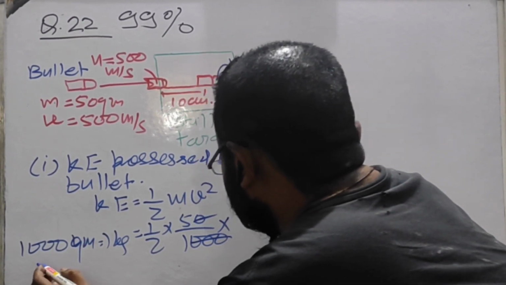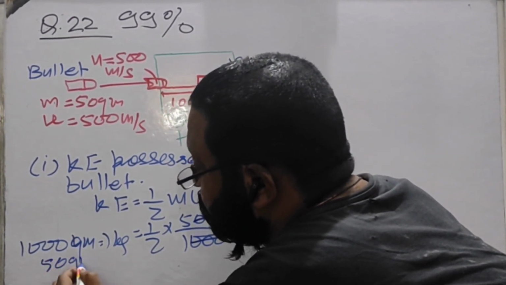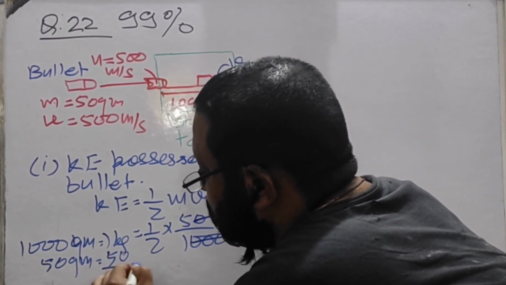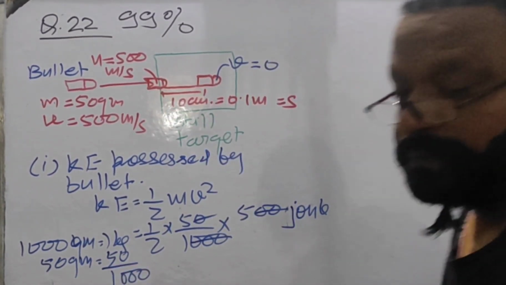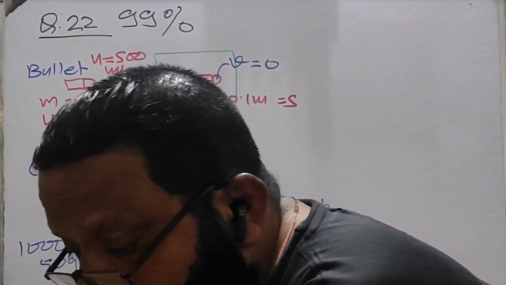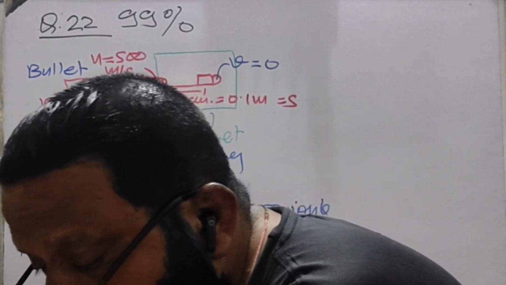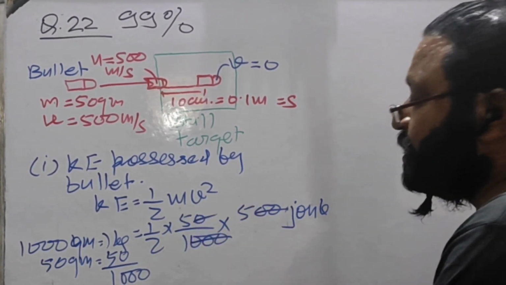So 50 gram is equal to how much? That is 50 upon 1000, right? And the bullet is moving with a velocity of 500 meter per second.